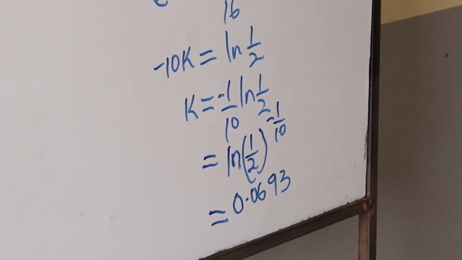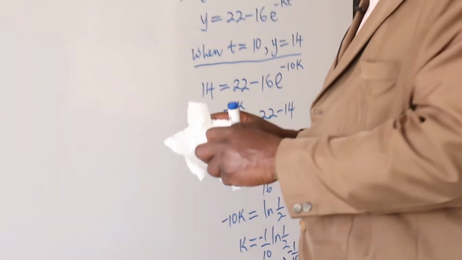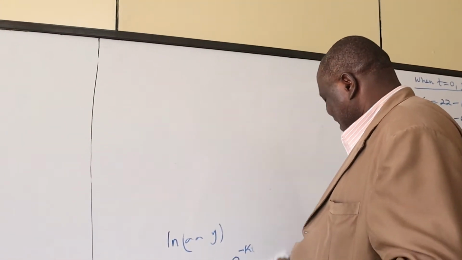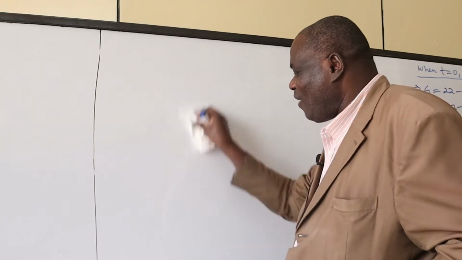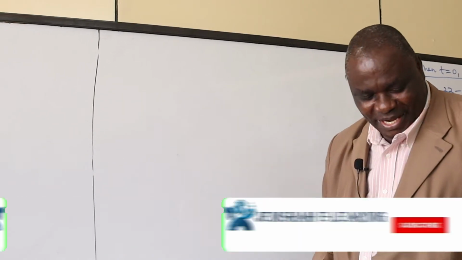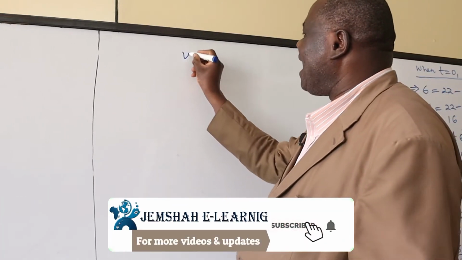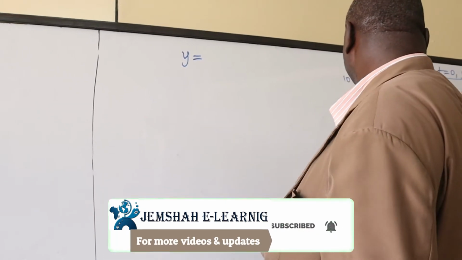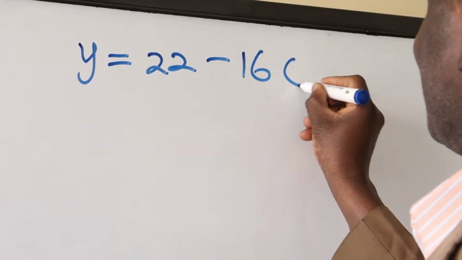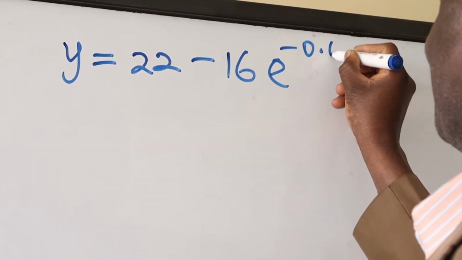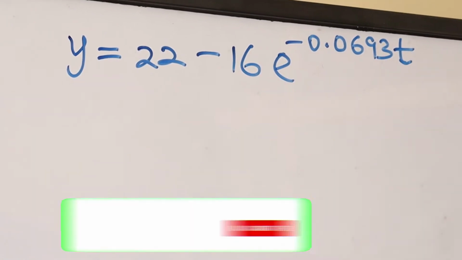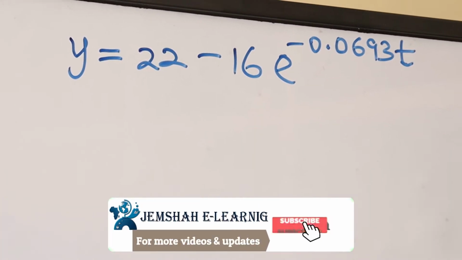0.0693. Therefore, the particular expression for the temperature of that soda at any time t, after it has been removed from the refrigerator, is given by y equals 22 minus 16 e power minus 0.0693t.